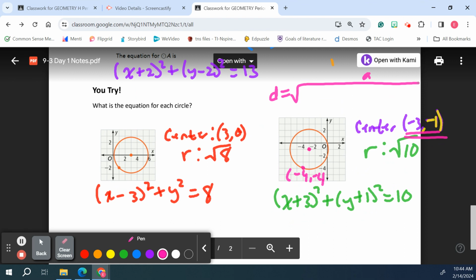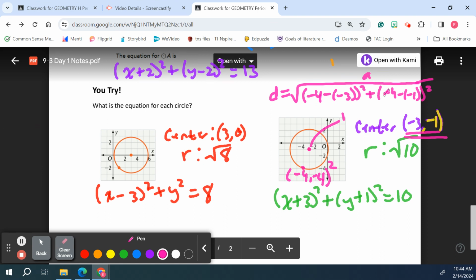So I'm going to choose this as point 2, and this point right here will be point 1. So I'm going to have -4 minus a -3 for my x's plus -4 minus a -1 for the y's.